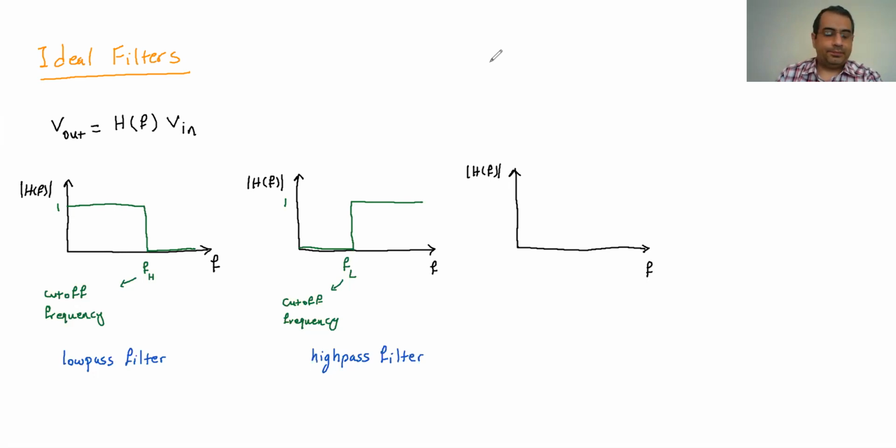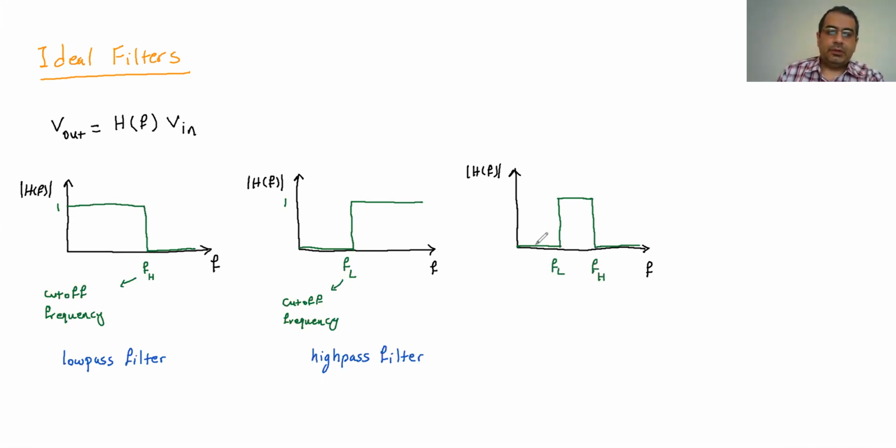So this time, what we will do is start from 0, and by the time we get to FL, we go up to 1, then we stay equal to 1 until we get to FH, and then we go back to 0 again, and we stay 0 there. And this is going to be FL, and this is going to be FH.